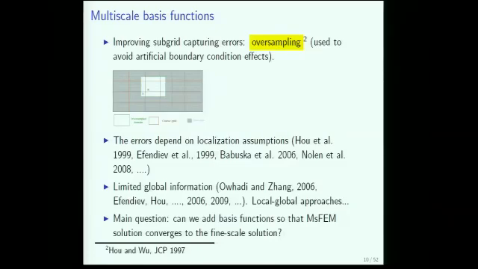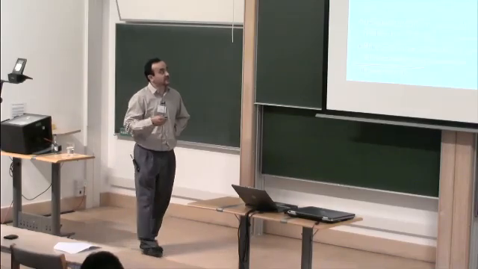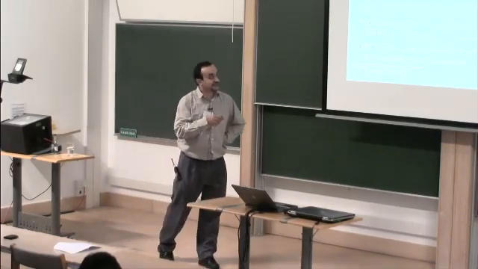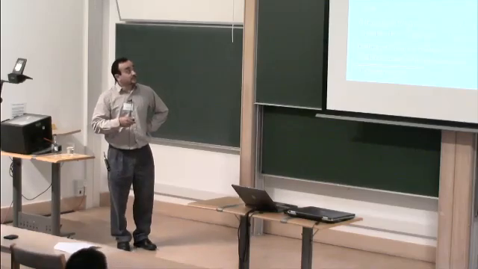One is called the oversampling method. I don't want to impose a linear boundary condition on a coarse grid block. So instead, I pick a larger domain S where I solve the local problem with an artificial boundary condition, the same linear boundary condition, but then I remove the part that is between S and K. These types of approaches are oversampling. In the industry there are different names, like the border region method.